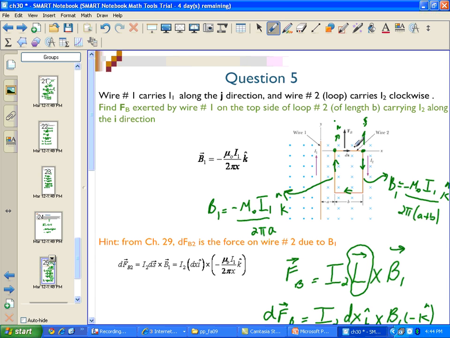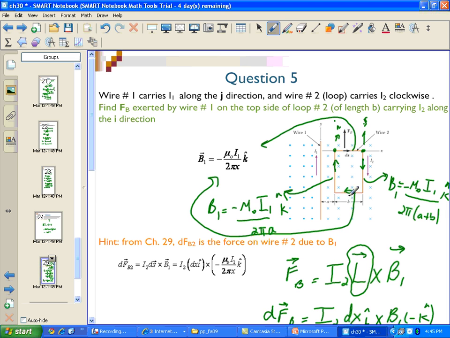At the bottom, similar to the top, B1 is going to be equal to minus mu naught I1 divided by 2 pi x in the minus k hat direction. So because the bottom is going to be similar to the top, if you notice here, the magnetic force is in the positive j hat direction at the top.